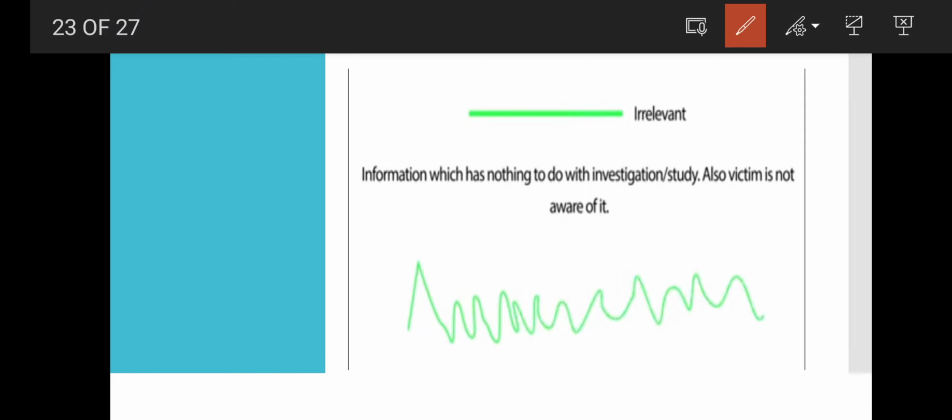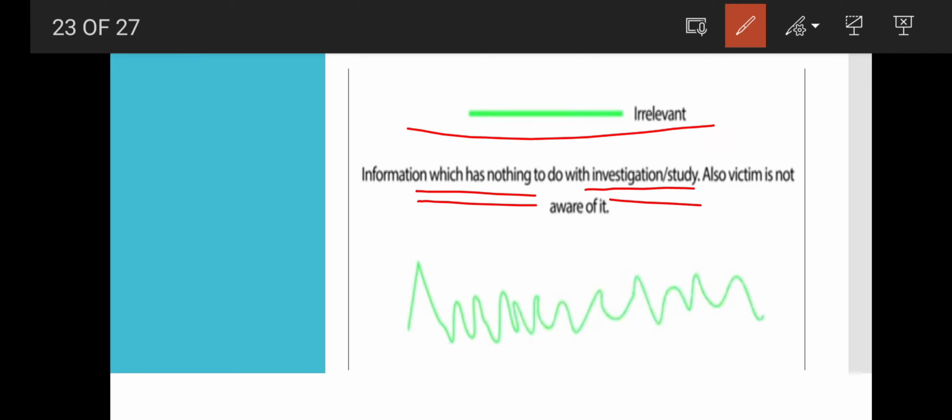Then there is the irrelevant wave. This means that, for example, if we have given some information which has no relevance to our investigation, it is of no use to us, because it has no relevance to the suspect, and the person is not aware of the information we have given him or her.